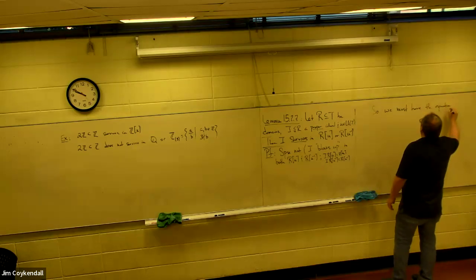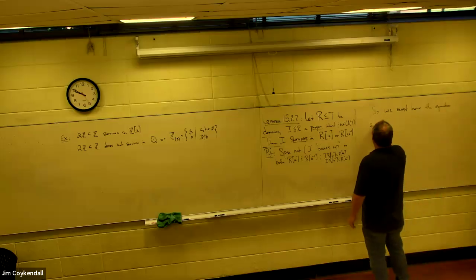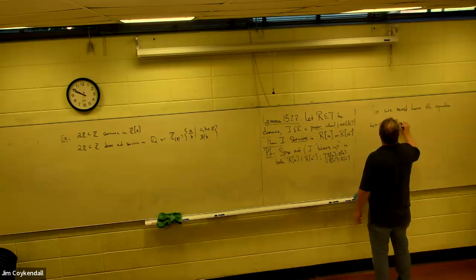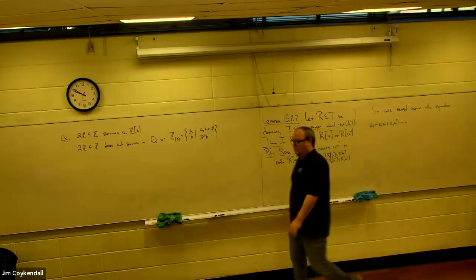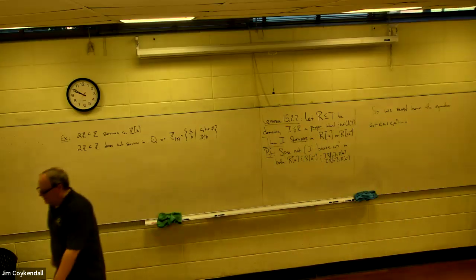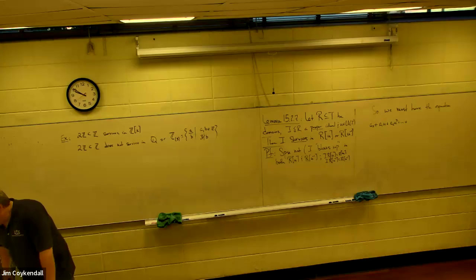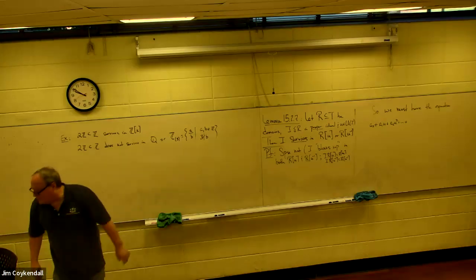The first in R[U], let's say a0 plus a1 U plus a2 U squared plus, I'm going to keep my notation here, go to the other end first, an U^n equals 1.